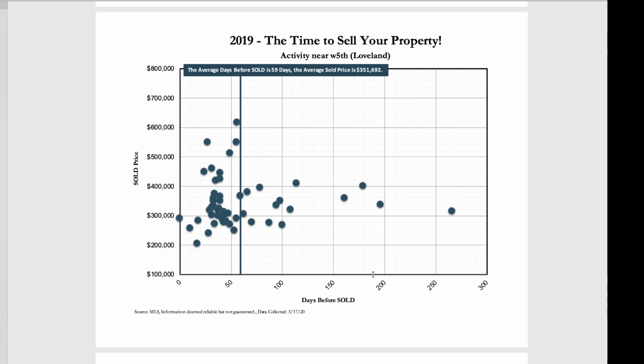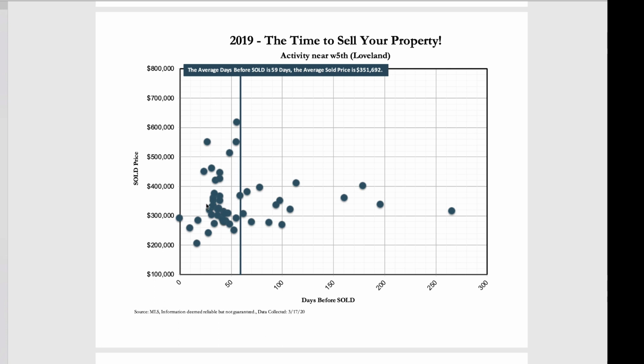And then over here on the x-axis, we show the number of days they were on the market before they closed. You can see the average is about 59 days, so that's about 2 months, which says that most of the people in your area that did sell closed in 2 months or less.